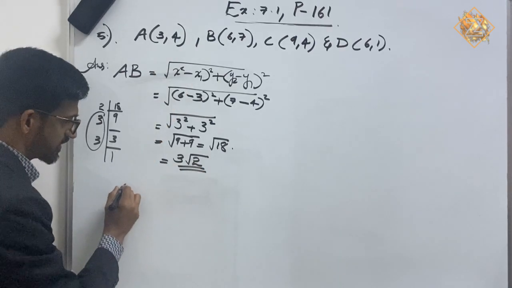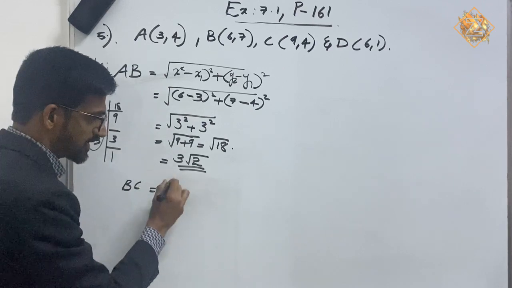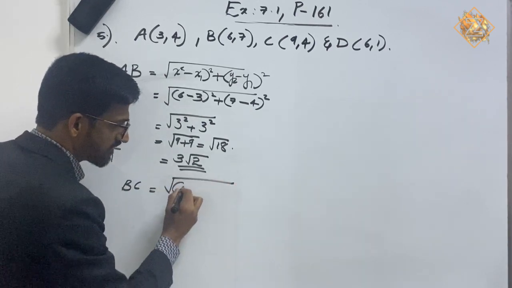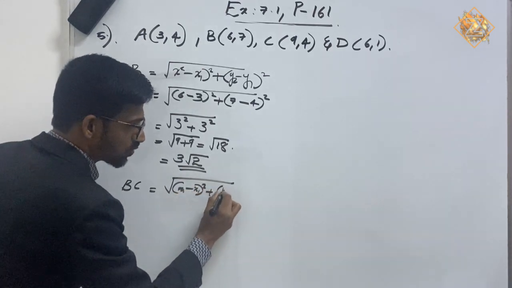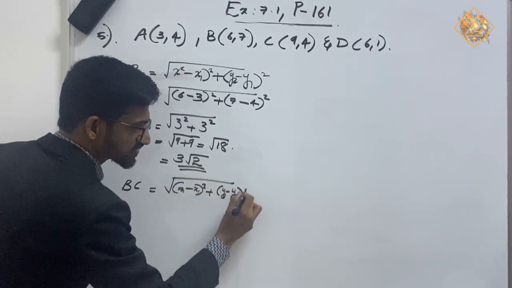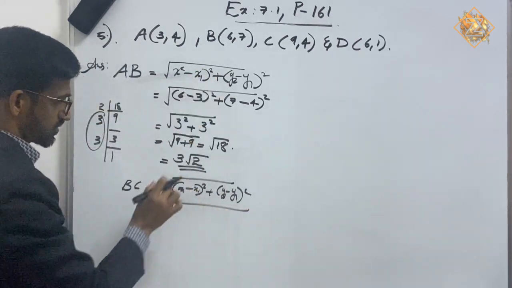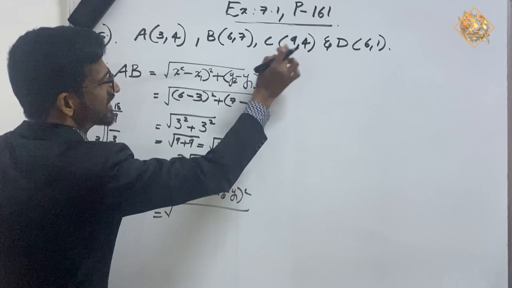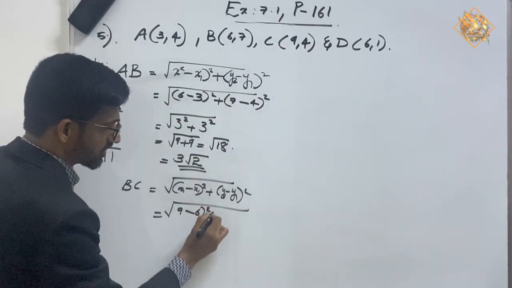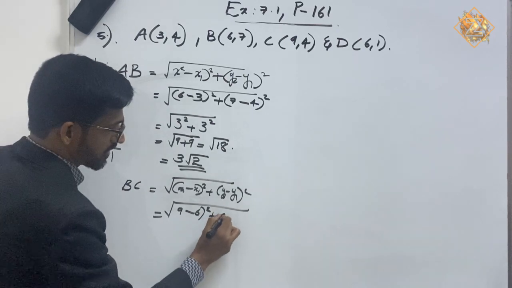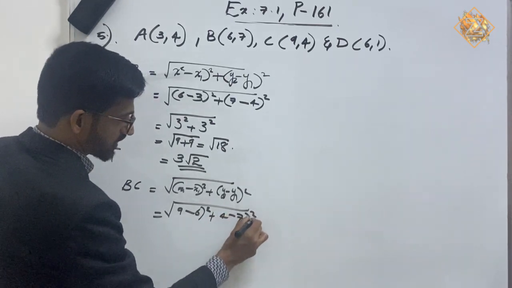Similarly, we can find BC. Length of BC, again applying distance formula, that is root of (x2 minus x1) whole square plus (y2 minus y1) whole square. Carefully you need to substitute here. For BC, x2 is 9 minus x1 which is 6 whole square plus y2 which is 4 minus y1 which is 7 whole square.